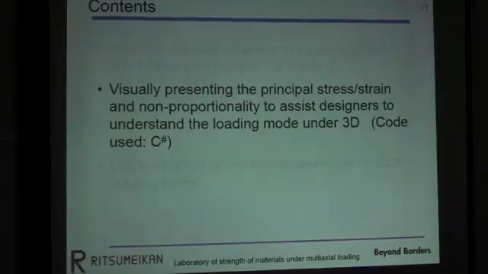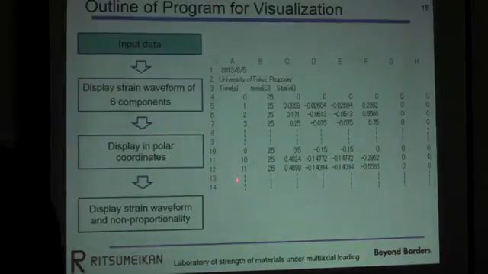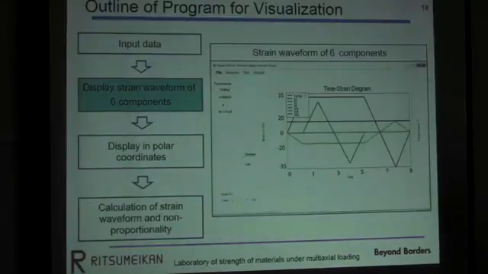Next I will show the visualization of the stress or strain and multiaxiality. This is an example of the input data. This is the time, and we have the six components of stress and strain as a function of time. Then we input this data.